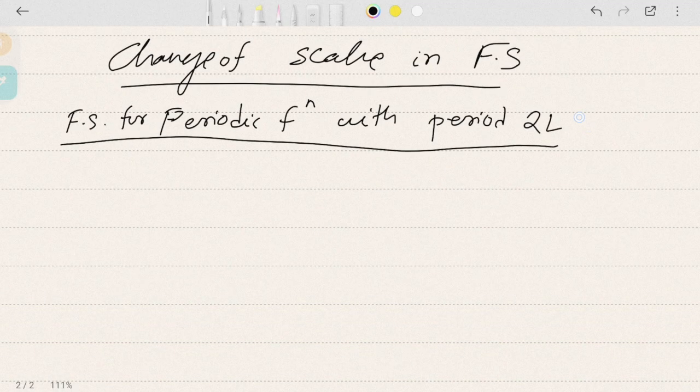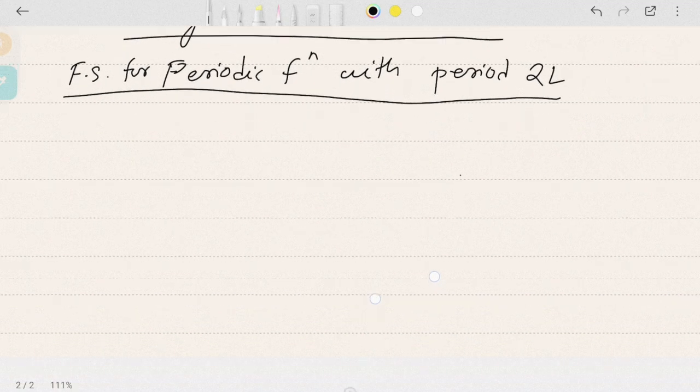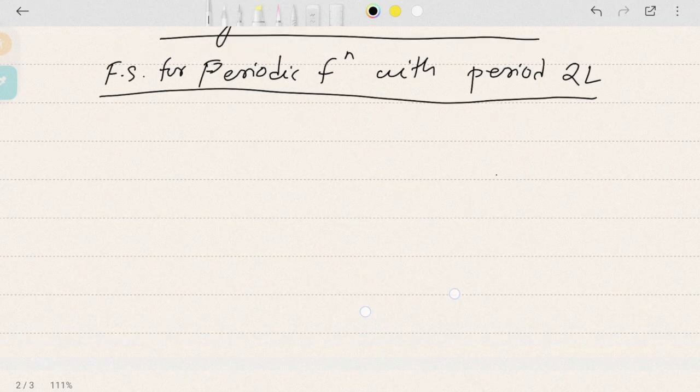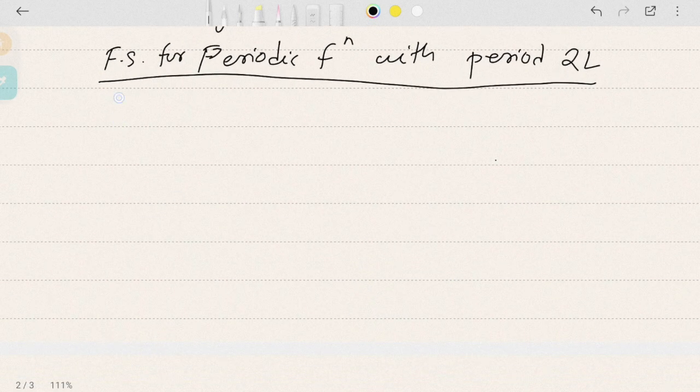Okay, so the idea here is, wait, let me add one other page here. The idea is that there is a function f of x which is periodic with period 2l, not 2 pi. So to find the Fourier series for this, let's use a trick.